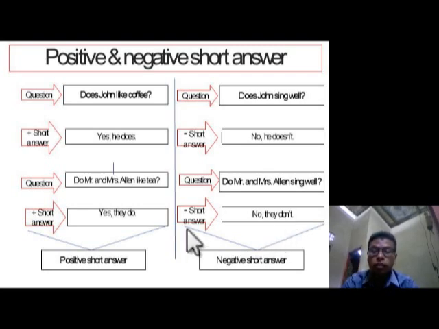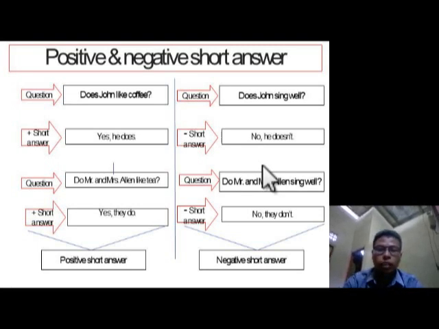And well, ladies and gentlemen, for this session, positive and negative short answer, you can practice alone at home, ya. Misalnya ingin menanyakan dirinya atau temannya misalnya, do you speak English?